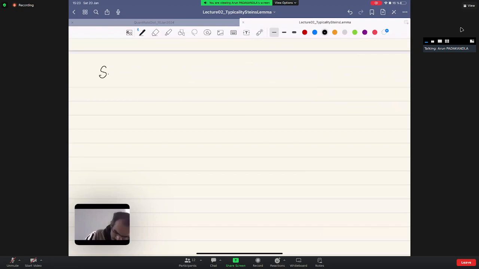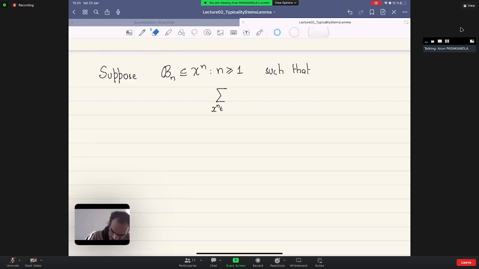Suppose somebody is more ingenious and they come up with a sequence of sets B_n, for n greater than or equal to 1, such that eventually the probability under P_X^n of x^n belonging to B_n is greater than 1 minus epsilon. So the probability under fire, where they will say it's fire, is greater than 1 minus epsilon. Then really I want to look at this.